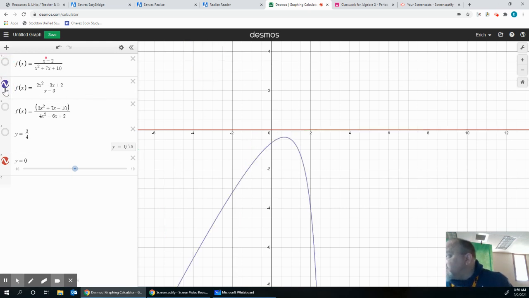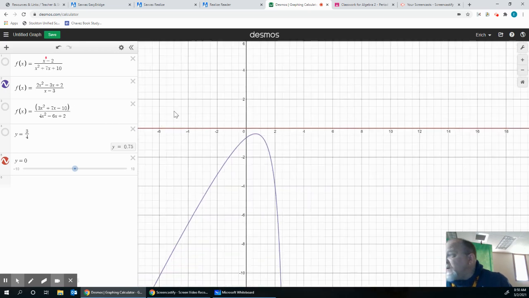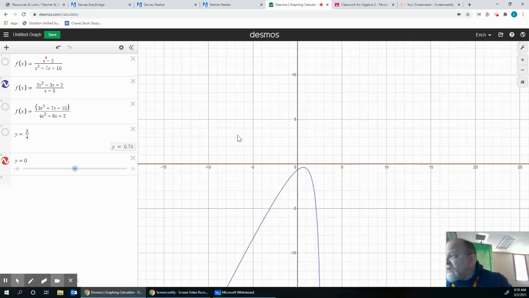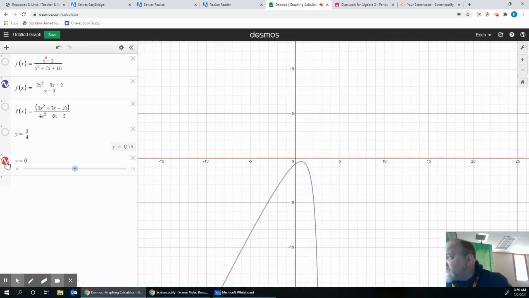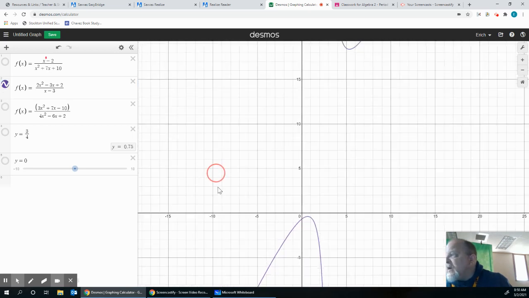Okay, our second case, we have the exponent larger in the numerator than in the denominator. Look, you can tell there's no horizontal asymptote here. This curve loops around and goes back down, and it doesn't approach a line. It does seem to have a relative maximum right around a half, but that would not be an asymptote.